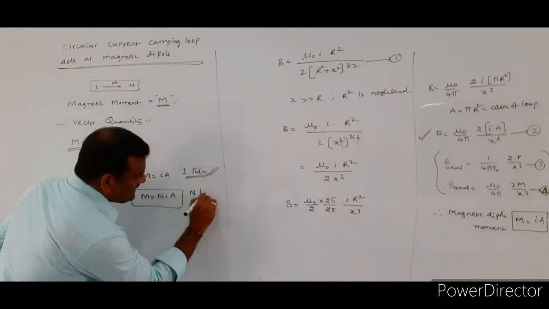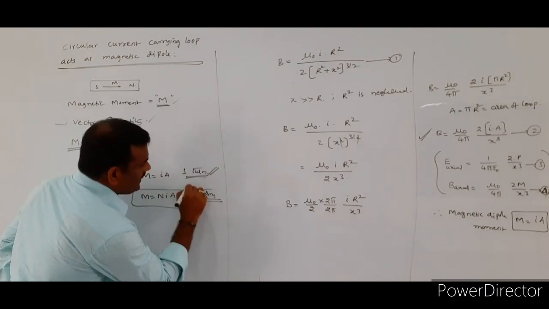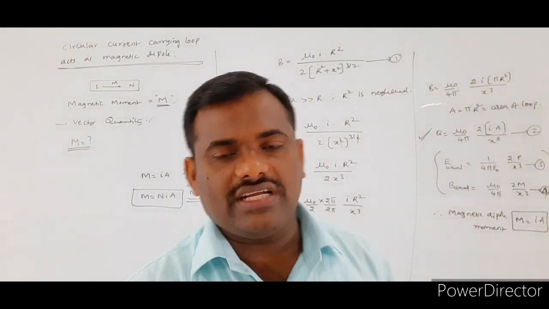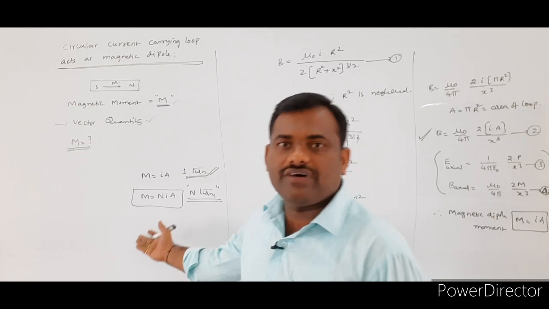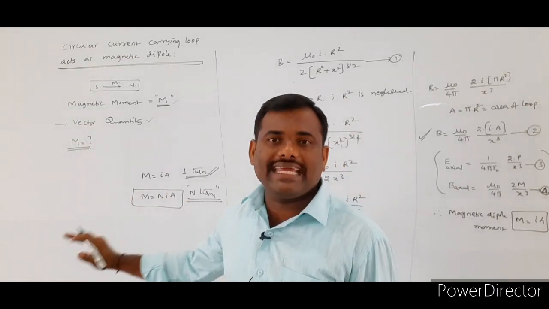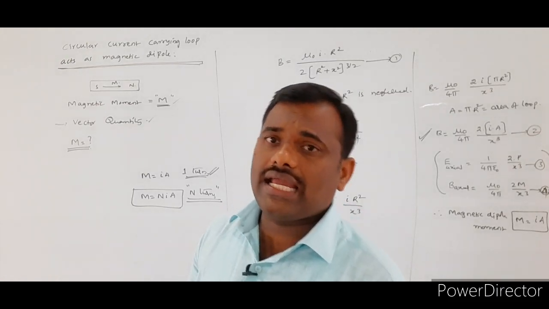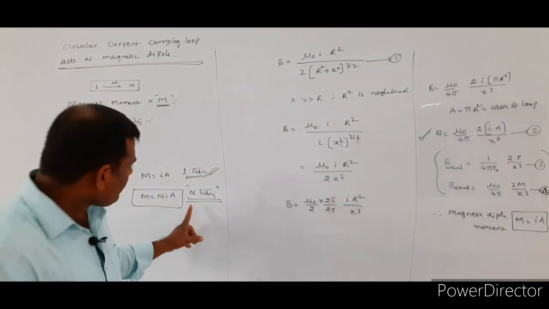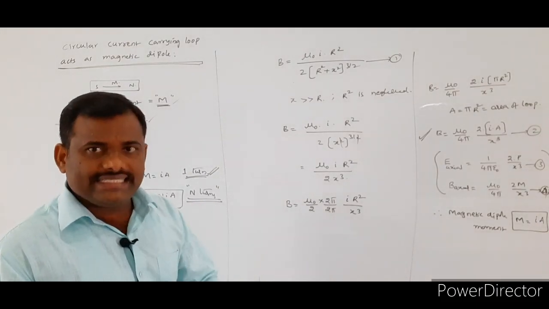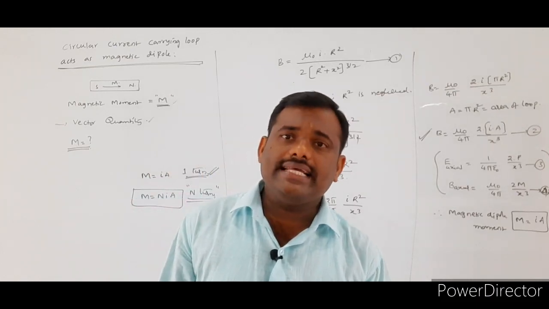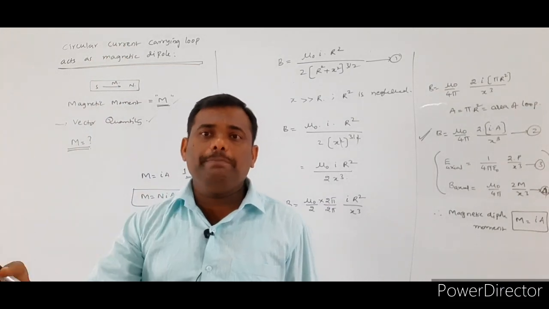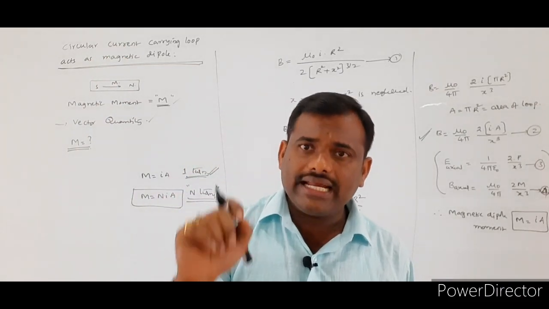So that is the expression for the magnetic moment of the circular current carrying loop. For this circular current carrying loop, a magnetic moment exists, which means the circular current carrying coil itself behaves as a magnetic dipole.